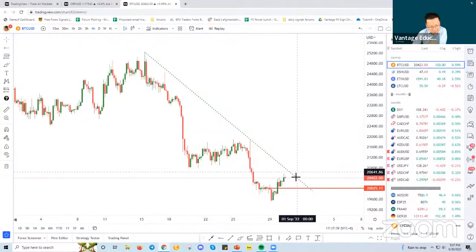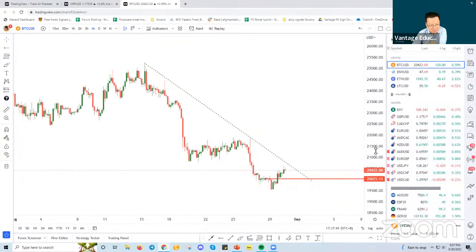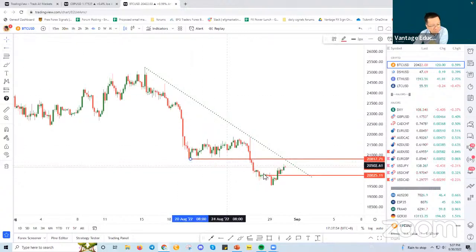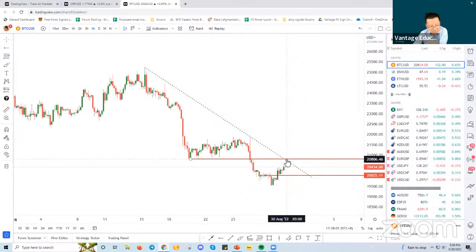Right now, it's approaching that downward trend line again. At this point, I would say that we might see it test and reject that level, again because we have another point at that level there, about 20,800. So we might see it test and reject that level to turn down.